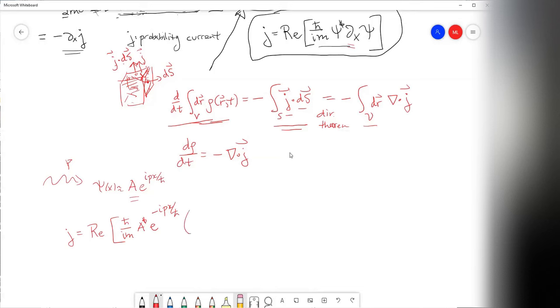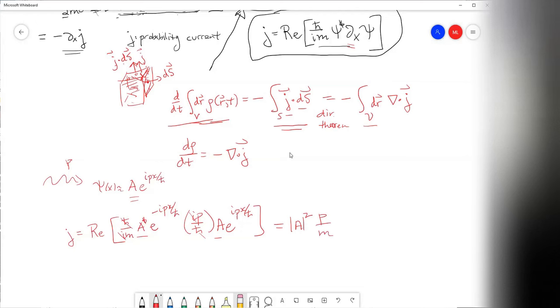That'll pull down the factor of ip over h bar here, and then you have a e to the plus now ipx over h bar. To calculate the real part of that, well, this a multiplies this a, you get magnitude of a squared. And the i's cancel, the h bars cancel, you get p over m. So you see, it makes sense.